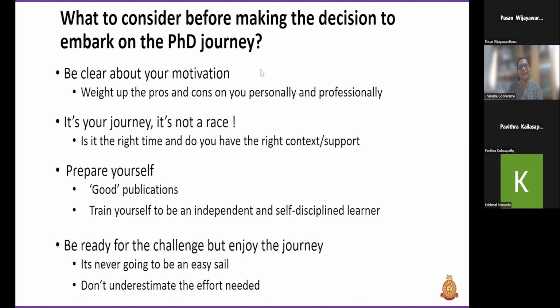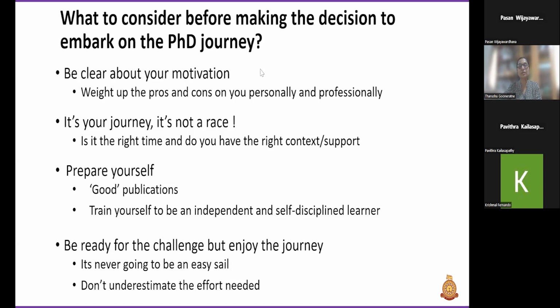So if you are thinking of the next phase to go for a PhD, try to convert your master's thesis to a good publication. I'm using the word good because, especially in the case of foreign PhDs from high quality, highly ranked universities, they are very concerned not only about whether you have a publication or not, but also where that particular publication is in terms of the journal.